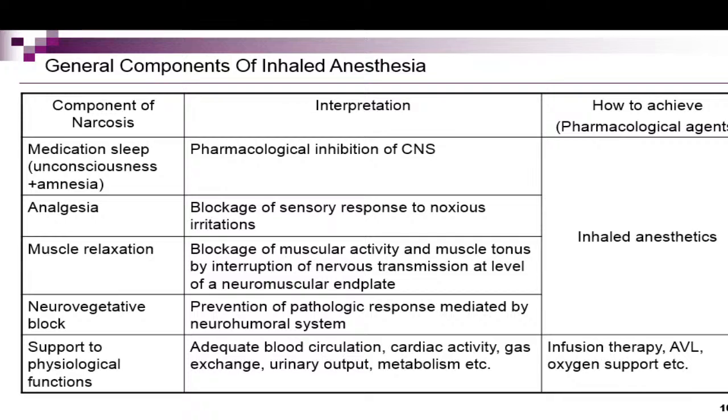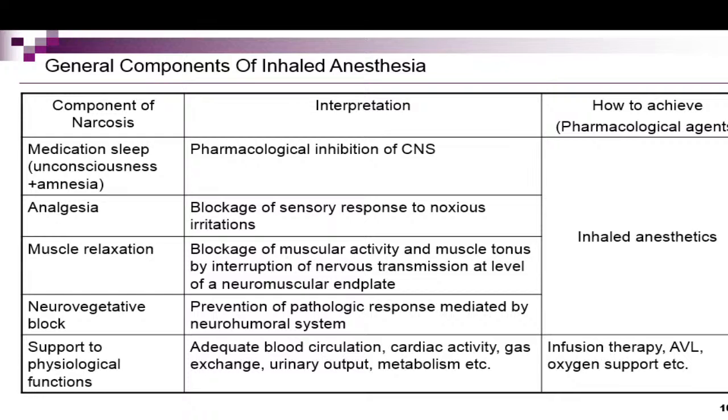We can use a single drug, for example, halothane, for achievement of each of these components, but the concentration of the inhaled anesthetic will be maximal and even lethal for the patient. And the last component, support of physiological functions. It means adequate blood circulation, cardiac activity, gas exchange, urinary output, maintaining of metabolism, and so on.